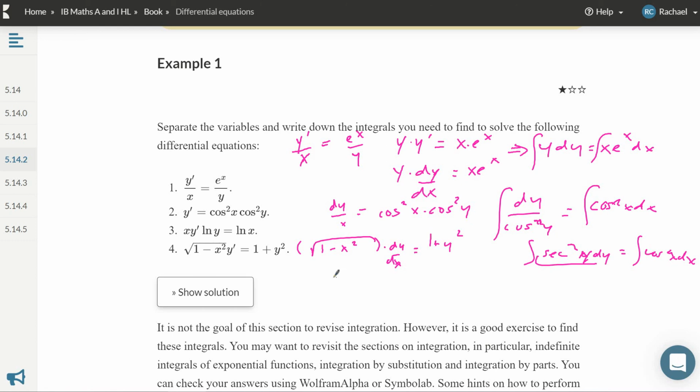So then literally you can cross multiply this and bring and divide by that, and then divide by this. And I'm doing a lot of steps at once, but I think you can get it. So it'd be dy over 1 plus y squared equals dx divided by square root of 1 minus x squared. And you integrate those.